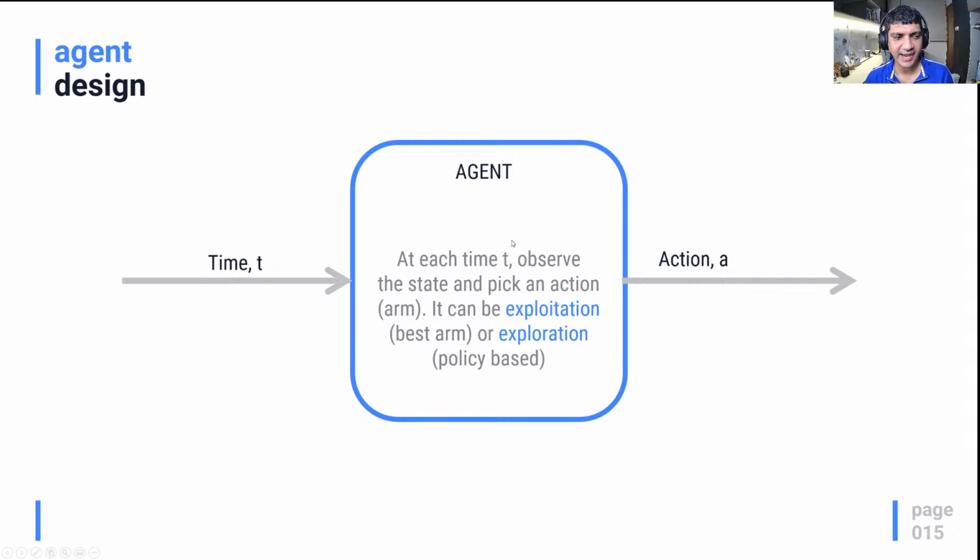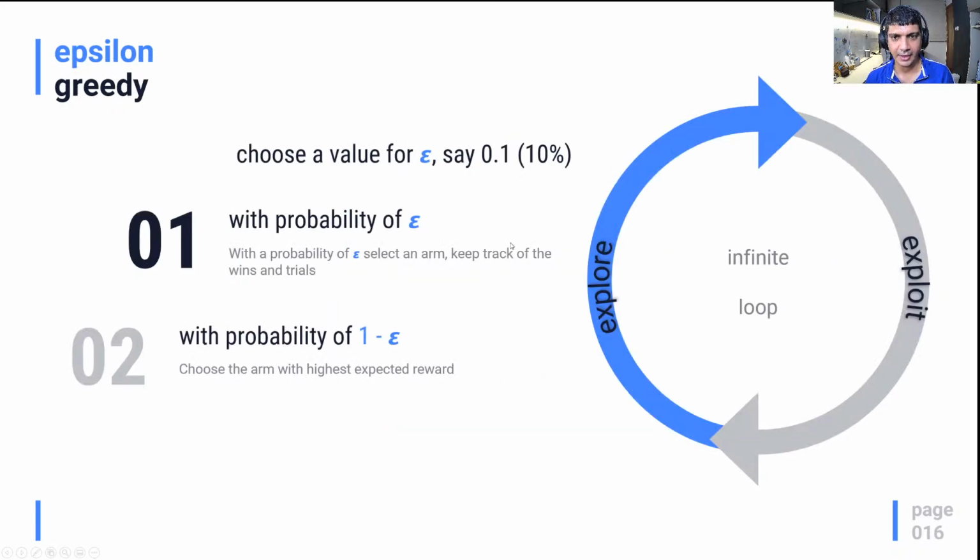Now let's look at some of the basic agents that we have at the moment. Last time we looked at Epsilon greedy, where we said that, for us to get started, we will pick a value of epsilon, let's say 0.1. The values have to range between 0 and 1, which means that 0.1 is a 10% probability.